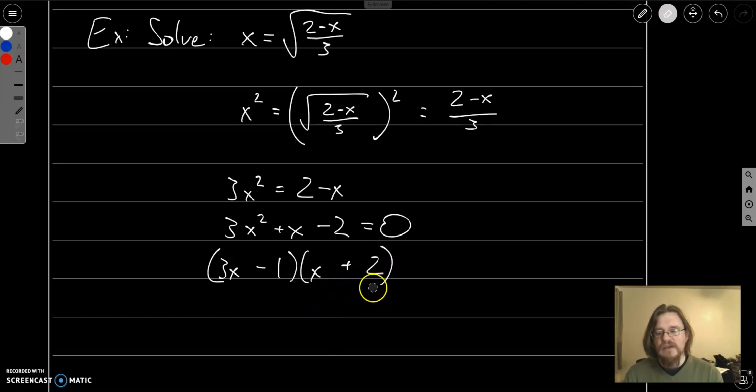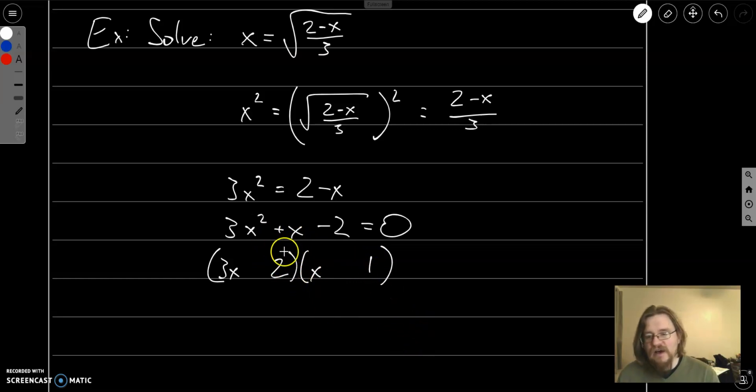And in fact, if we think about it, if the 2 is on this side, I'm going to get either a 2x, or a 2 times 3x, which is 6x, or negative 2 times 3x, negative 6x. That seems pretty big. So let's put it on the other side.